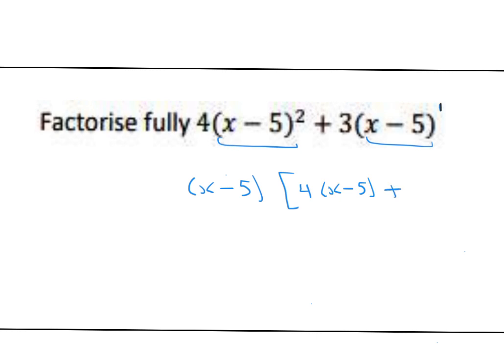Plus, x minus 5 times what equals 3 times x minus 5, or divide 3 times x minus 5 by x minus 5? So the answer is 3. So x minus 5 times 4 times x minus 5 plus 3. Or you can expand the second bracket.